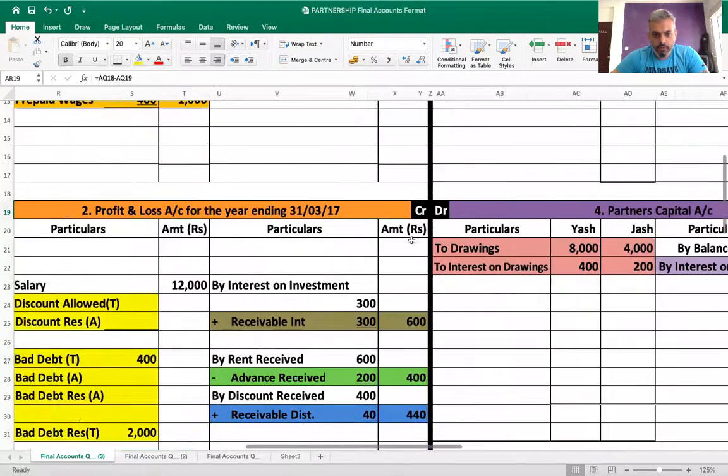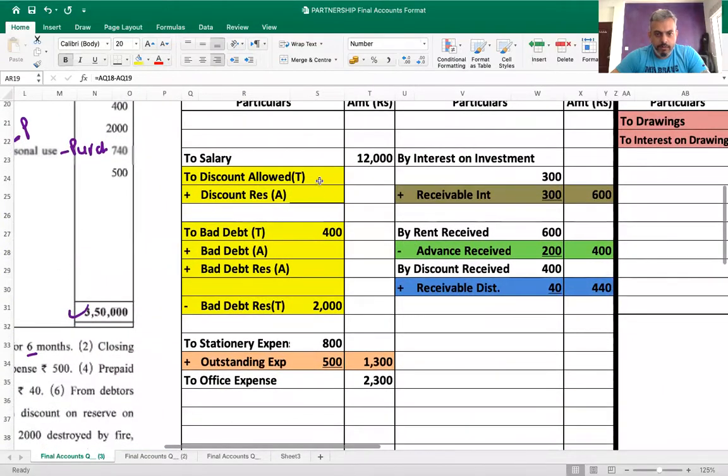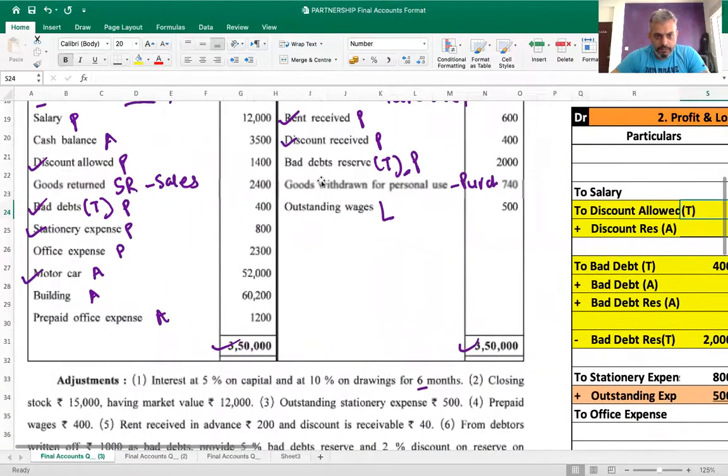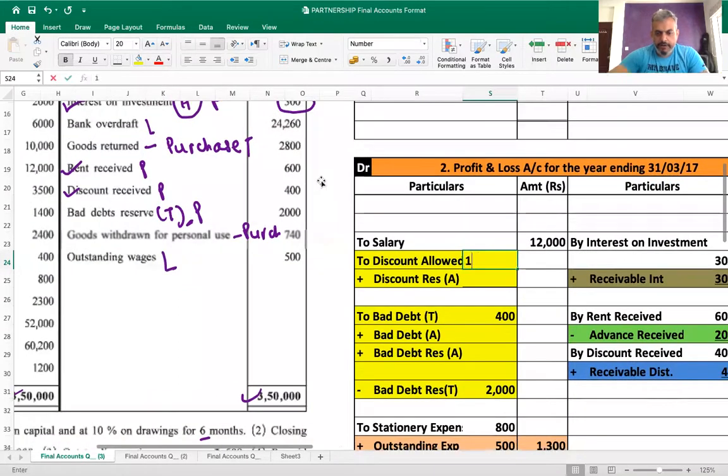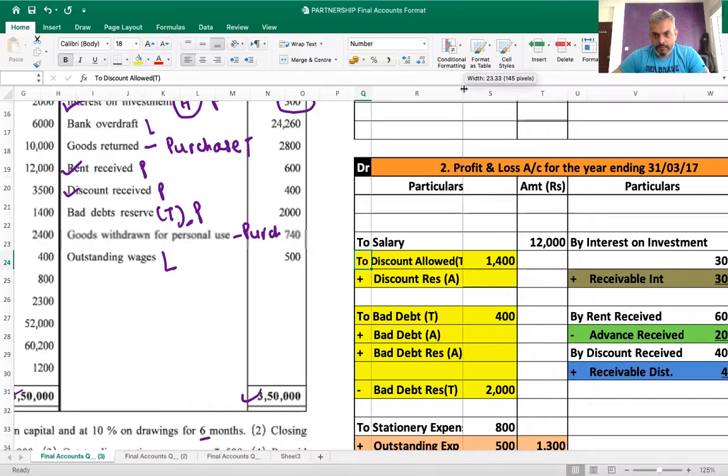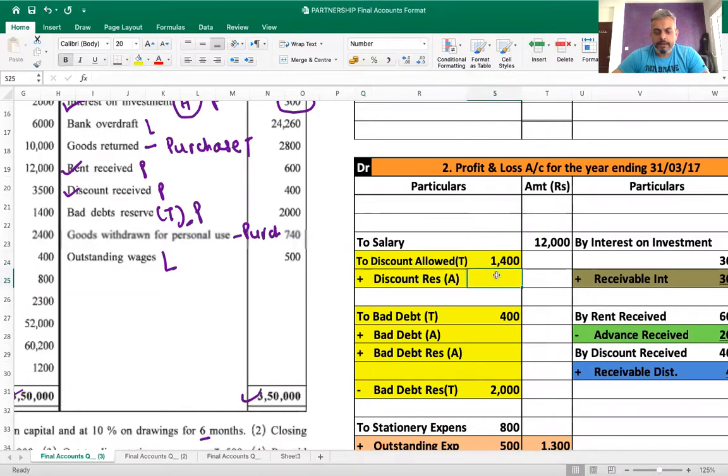Let's go now. Discount allowed. 1400, which was wrongly written earlier, 1400. Then discount reserve as per adjustment 532, add both of them, 1932.